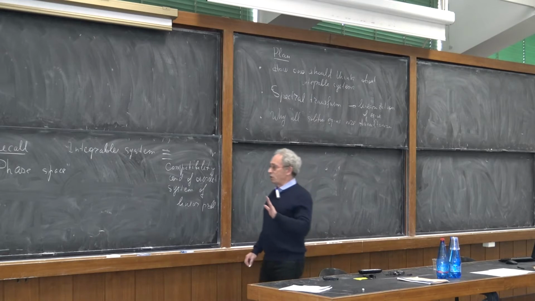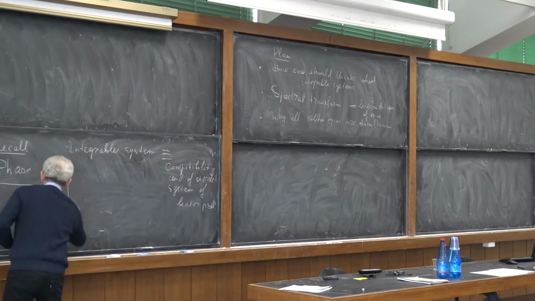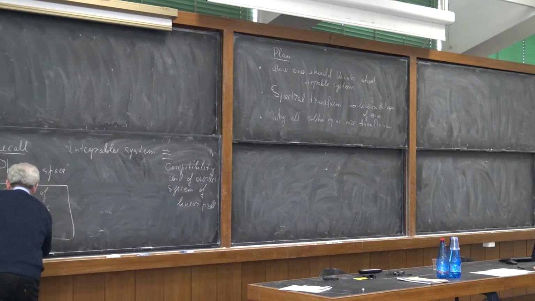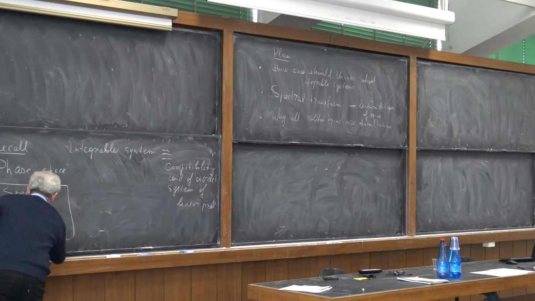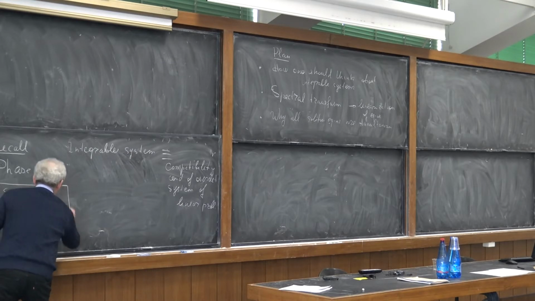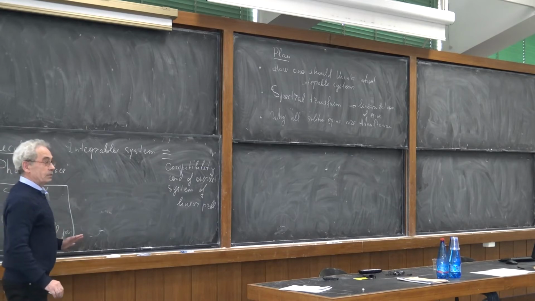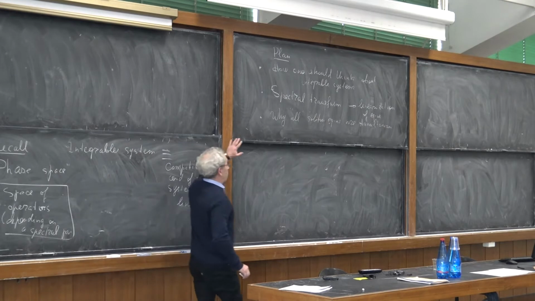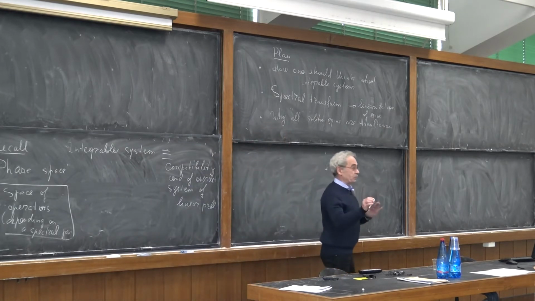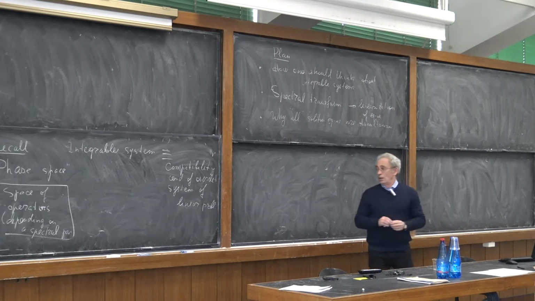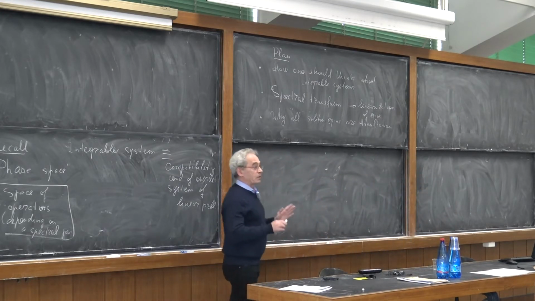So I will always think about this phase space as a space of operators depending on a spectral parameter. This is the starting point. So this is the phase space, the space on which our dynamical system lives. At the moment, or last time, I was not touching the evolution. I was just fixing my attention first on a space of operators without any connection to any forthcoming integrable systems.